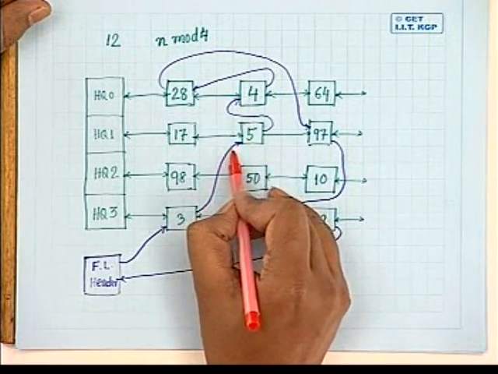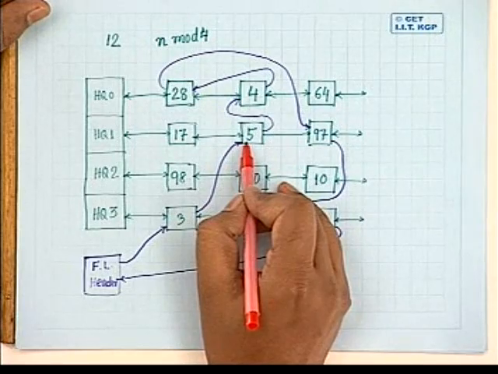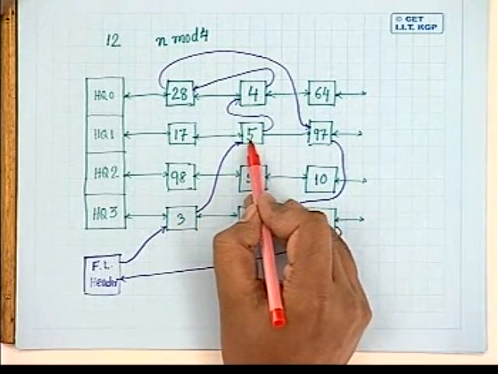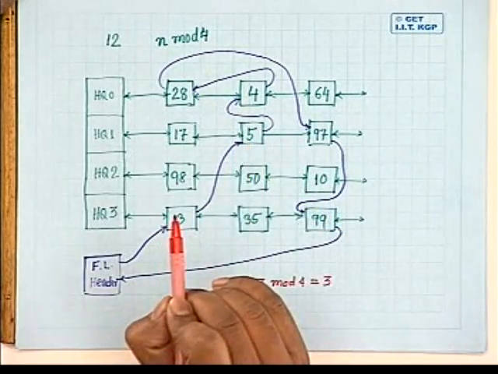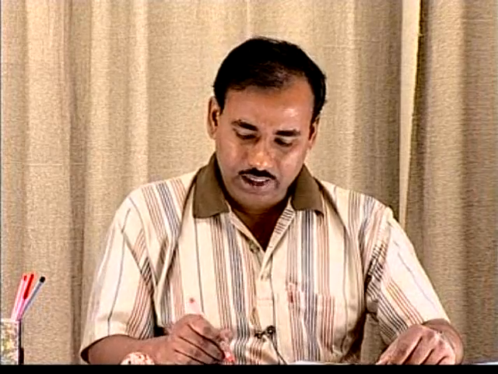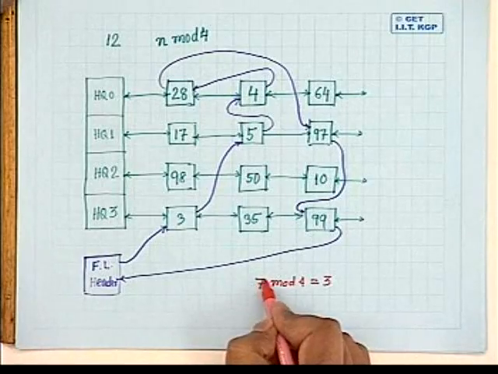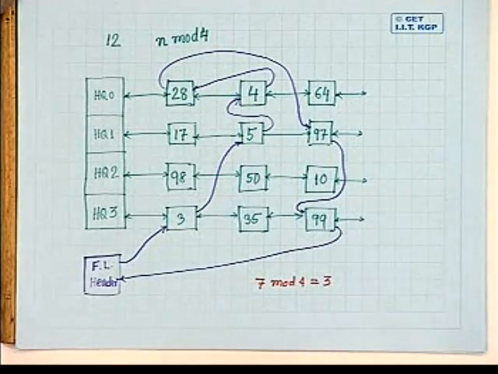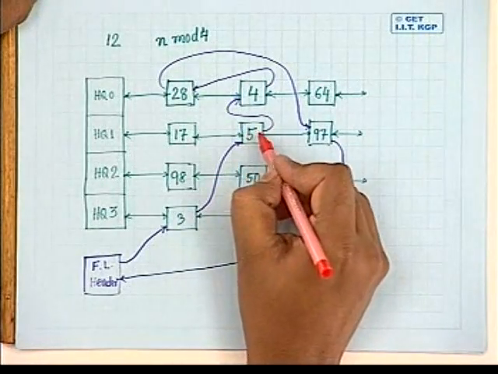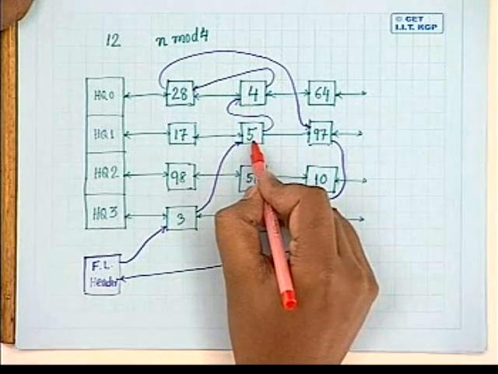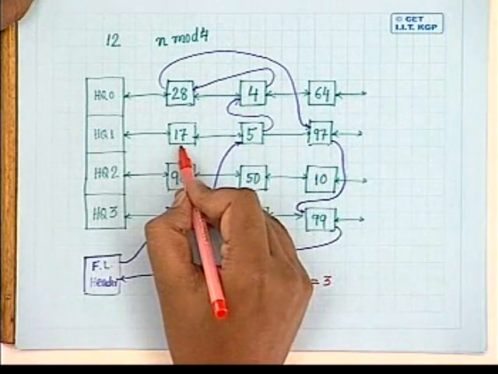The next buffer in the free list is the buffer containing block number 5. Now if this buffer is not marked as delayed write, then the buffer will be given to the process for bringing in this block number 7. Here you find that the earlier hash queue in which this buffer was present is hash queue number 1.